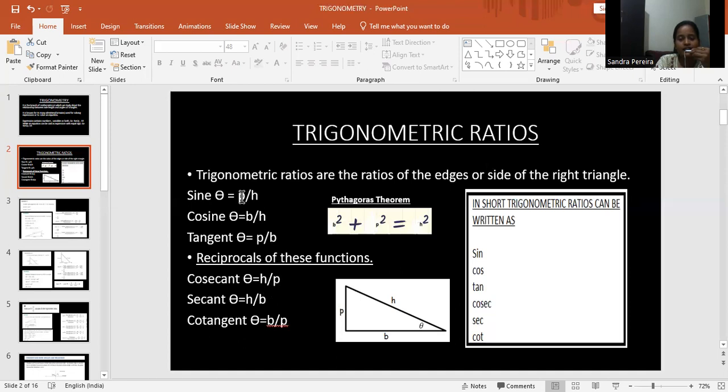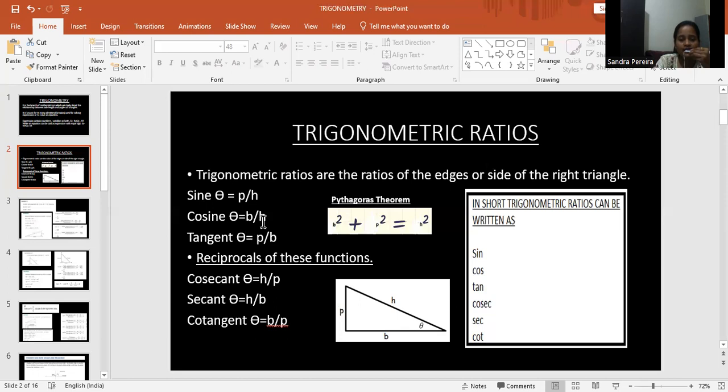Here the numerator is P, so it becomes the denominator, and the denominator is H, it becomes the numerator. That's why cosec theta equals H by P. Now sec theta equals H by B because it is the reciprocal of cos theta.